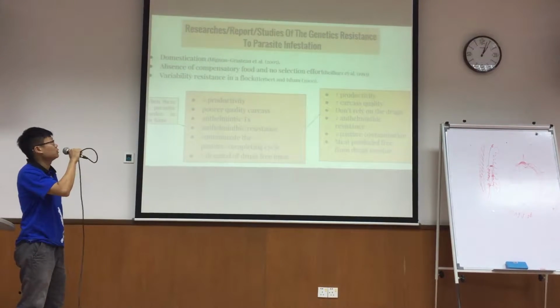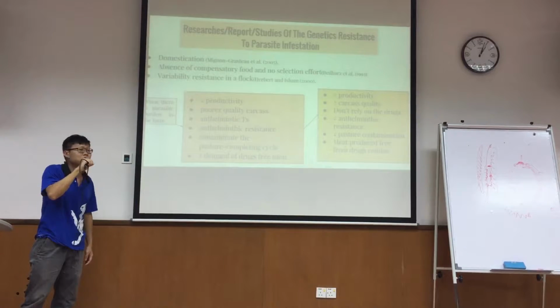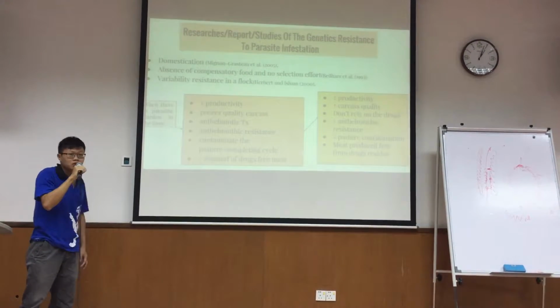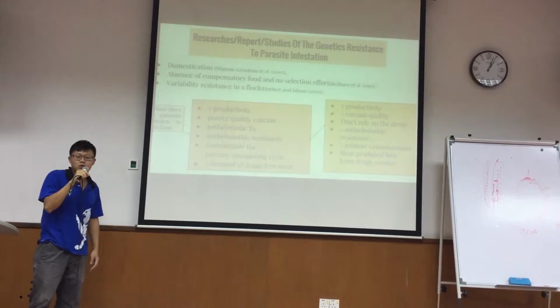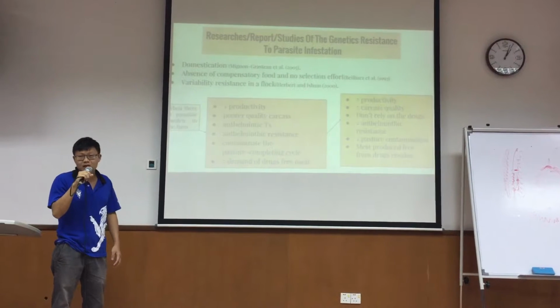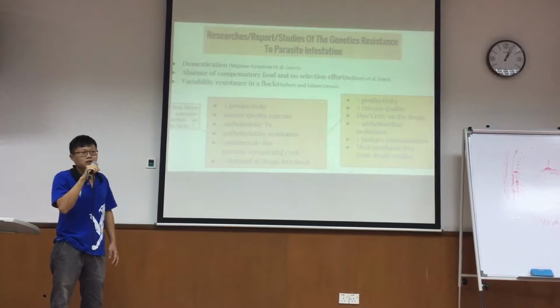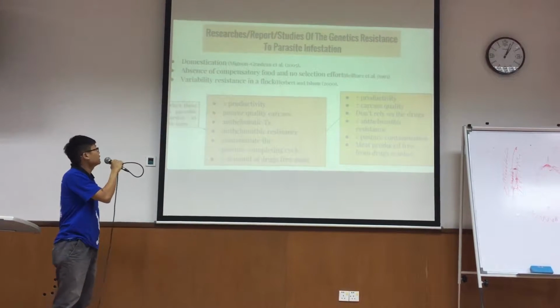I'm going to explain more about the genetic resistance to parasitic infections. Because of the domestication of the animals, the bond between the animals and parasites is broken, so the animals are now more susceptible to parasitic infections.